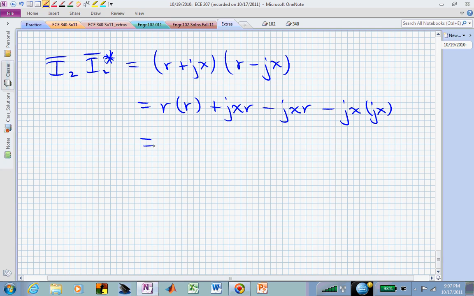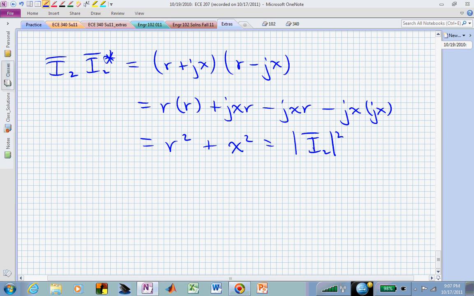The minus JXR terms in the middle cancel, and we have R squared, and here we have J squared with a minus sign associated with it, and then X squared. So this now becomes R squared plus X squared, which is really just the magnitude of I sub 2 quantity squared.